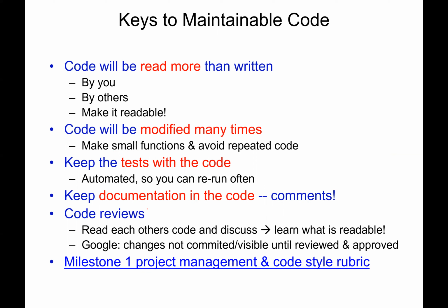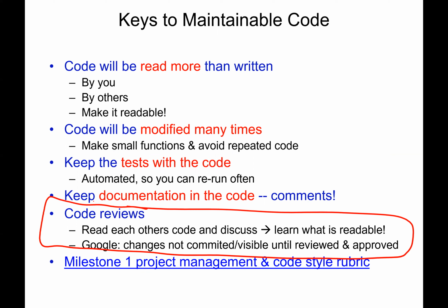Do code reviews. So within your team, read each other's code, give each other feedback. You all become better coders and you see what other people can read and what they can't read. It makes you better. I mentioned this in a tutorial.